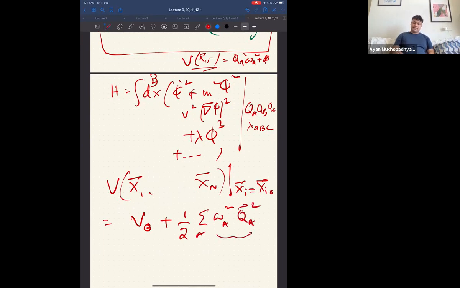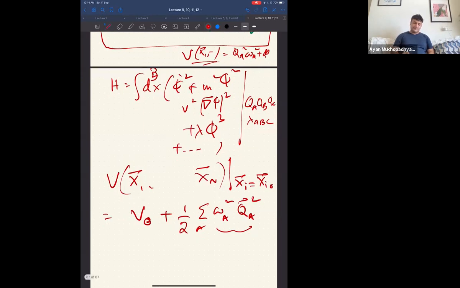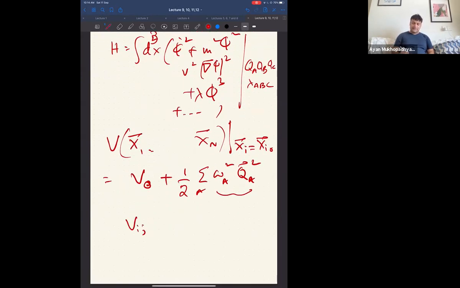Remember, this can be written in terms of an orthogonal transformation. You have to simply take these x1 to xn, and originally it was V ij times (xi minus xi naught) times (xj minus xj naught).